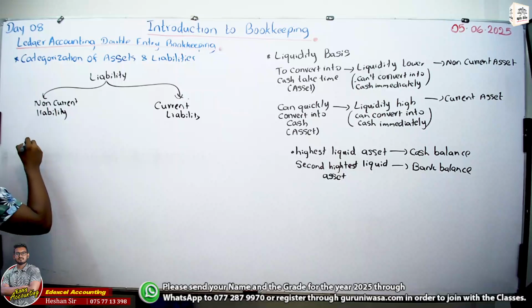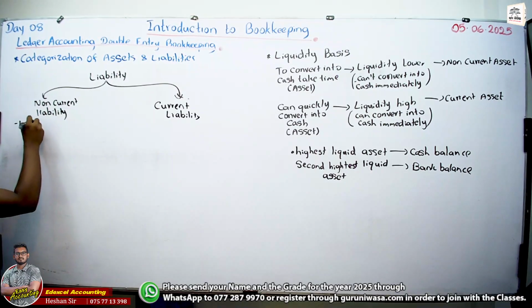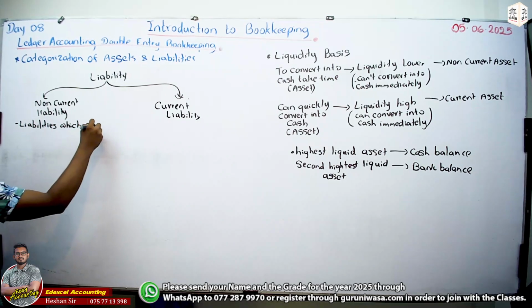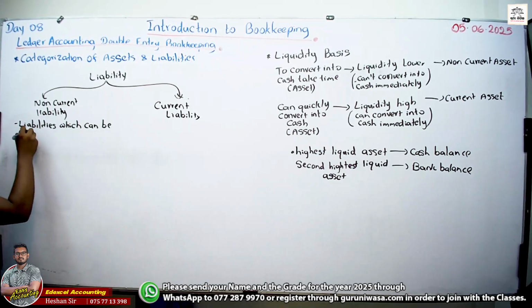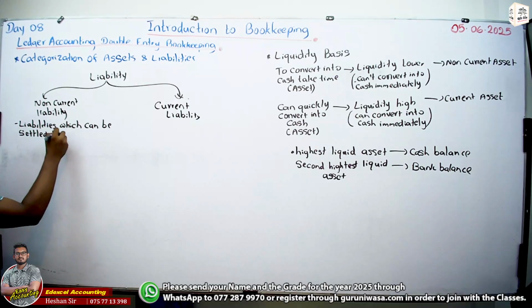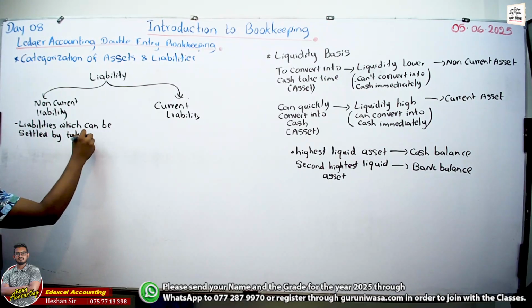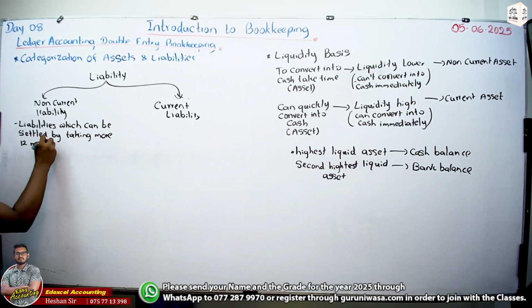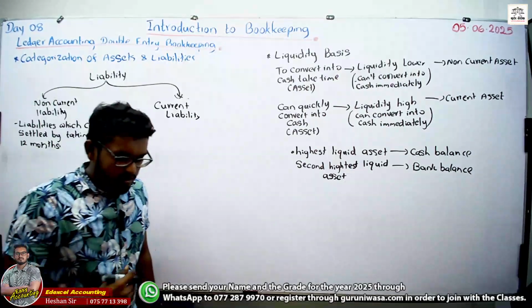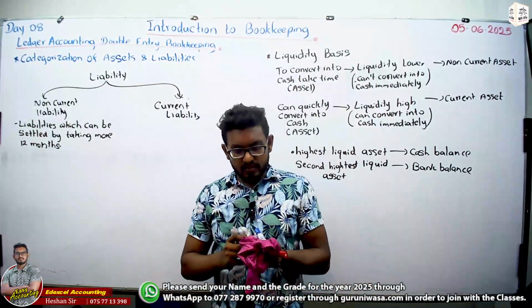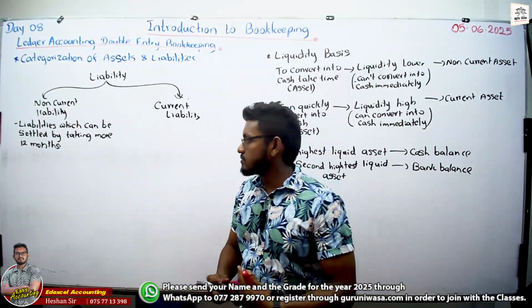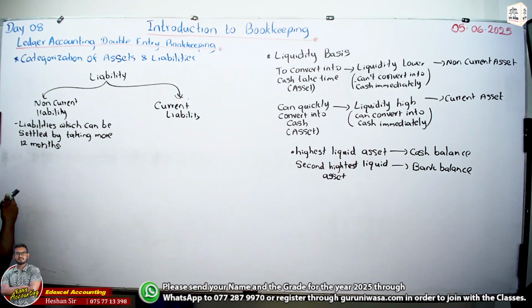Non-current liability means liabilities which can be settled by taking more than 12 months. Non-current liability means, installment-wise or monthly, we can fully settle the liability by taking more than 12 months, more than 1 year, right? More than 1 year.